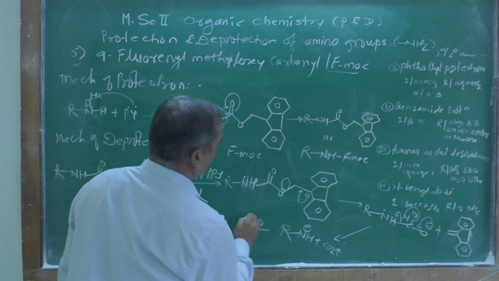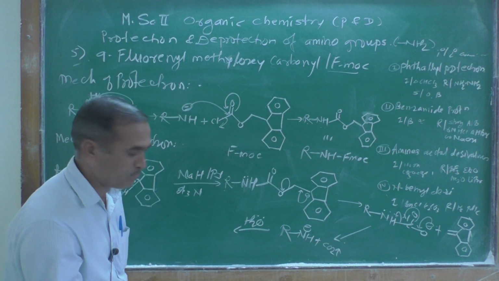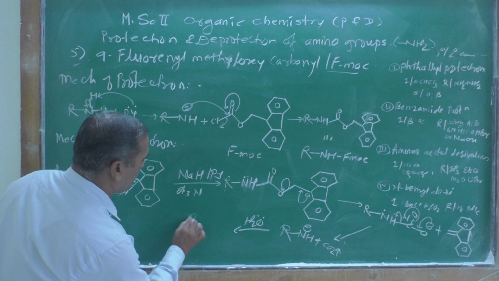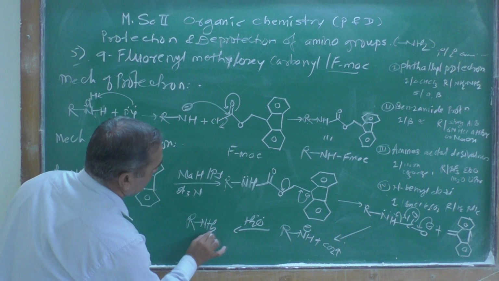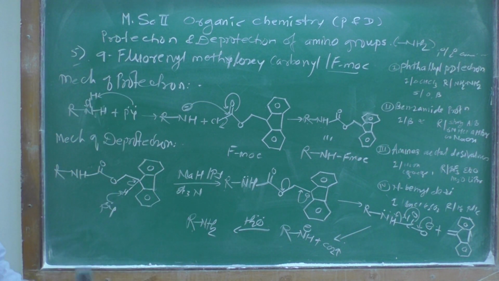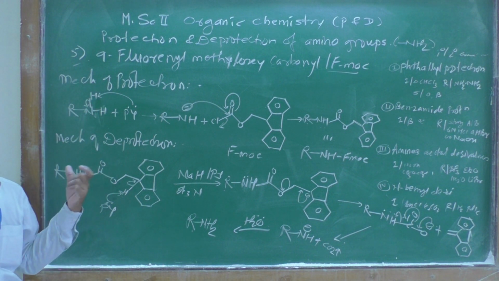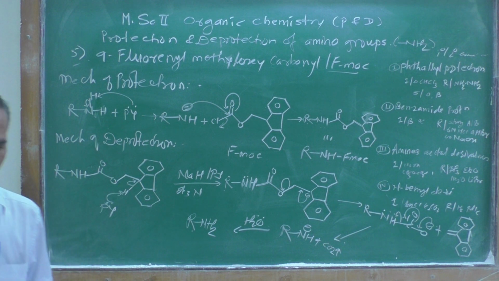Then in the workup this negative charge picks up a proton from water, and finally you get R NH2. It is the amine we got back as it was. So this is a representation of the mechanism of protection as well as the mechanism of deprotection.